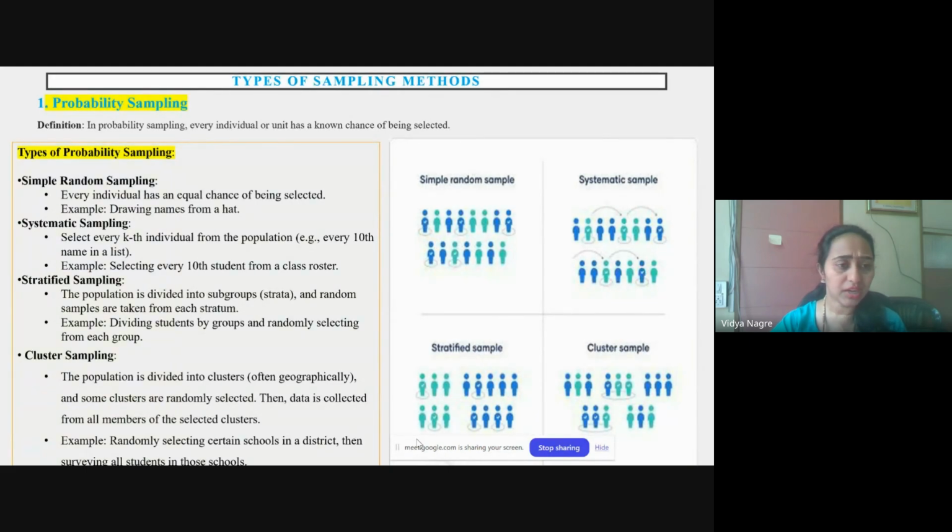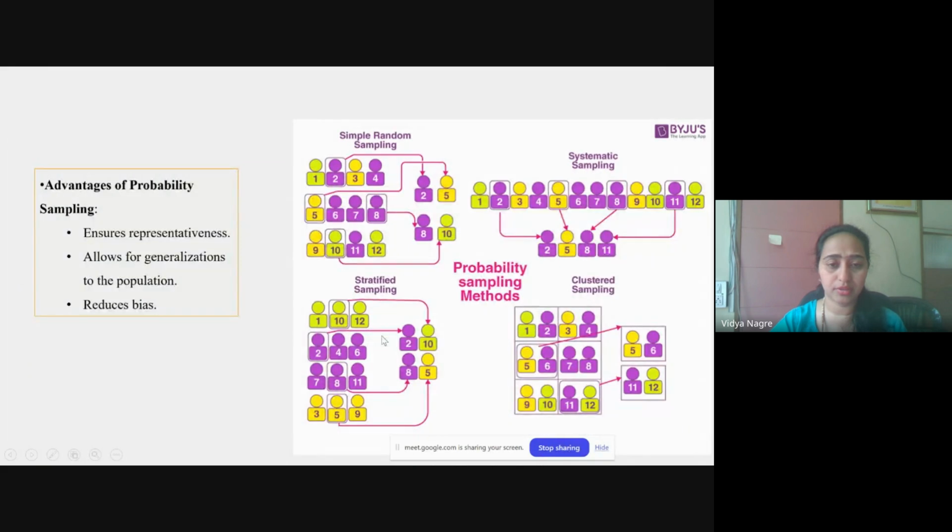I hope you have understood at least the basics so far. We will be doing some question answers, so it will be easy for you to go ahead with whatever we have done. So there are some advantages of probability sampling. Probability sampling ensures representativeness. It is limited to your budget and your time frame, so within a small time frame, whatever you have, you can finish your study definitely.